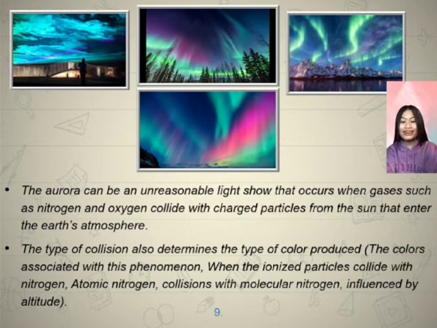The colors associated with this phenomenon include white, purple, blue, yellow, green, and pink. When the ionized particles collide with nitrogen, they produce blue, purple, and red colors. The interaction with oxygen results in producing green, yellow, and blue colors.